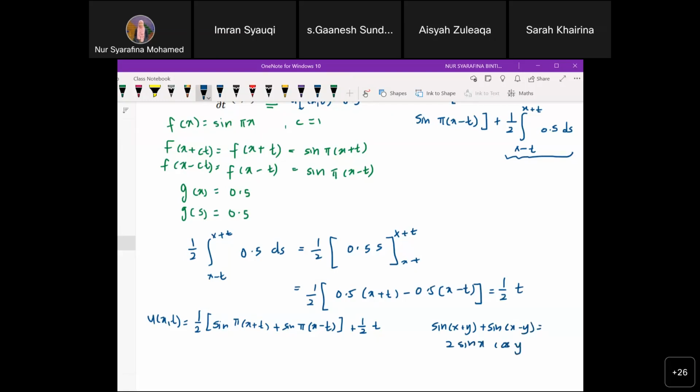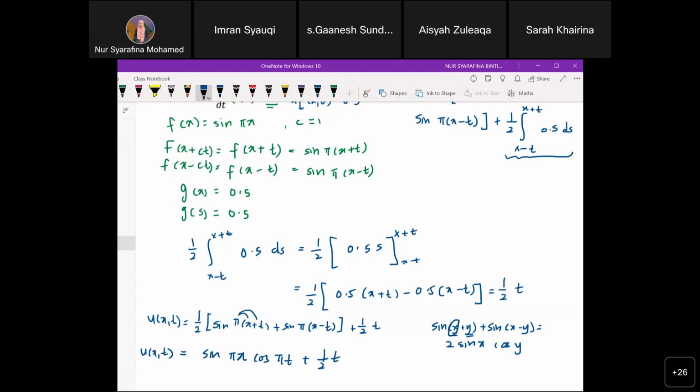So now we have 1 over 2 sin x plus y plus sin x minus y. So we can have 2 divided by 2, only sin pi x cos pi t plus 1 over 2 t. So x is pi x, y is pi t.